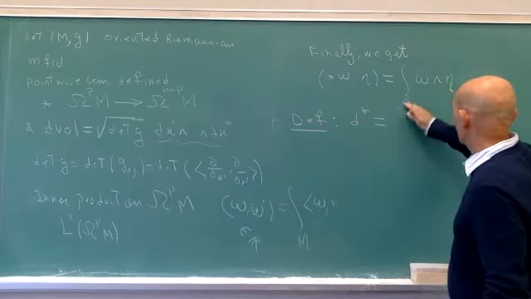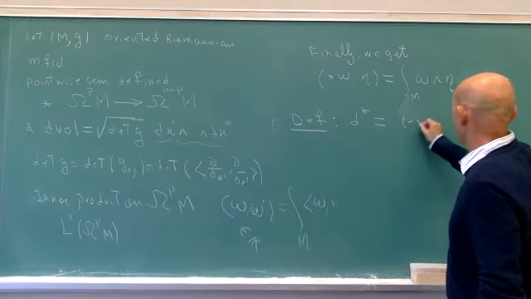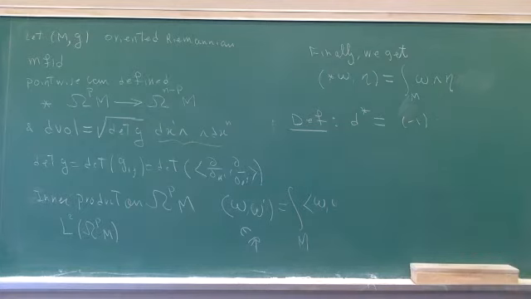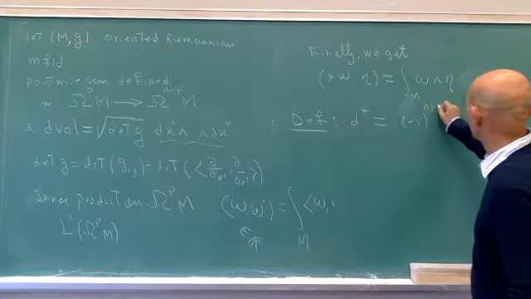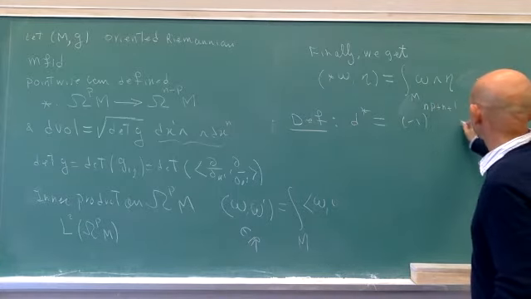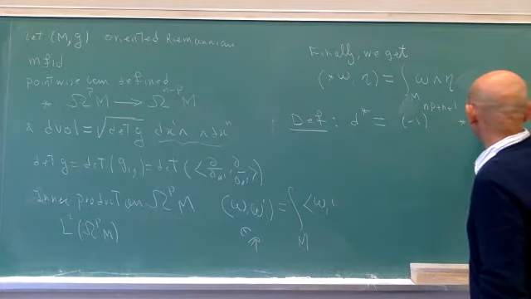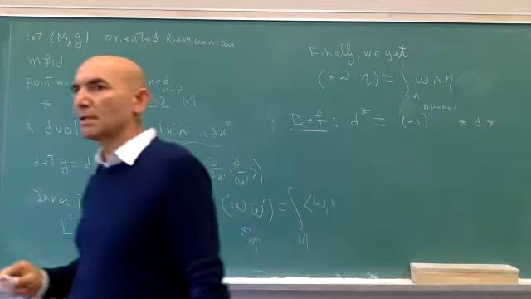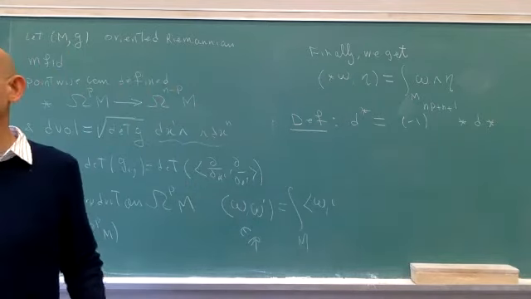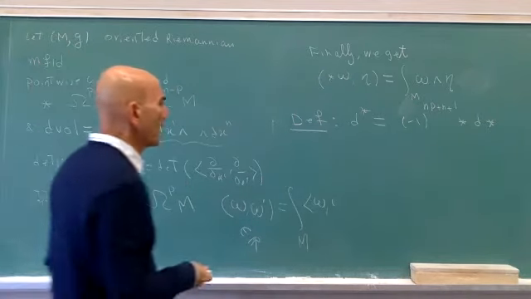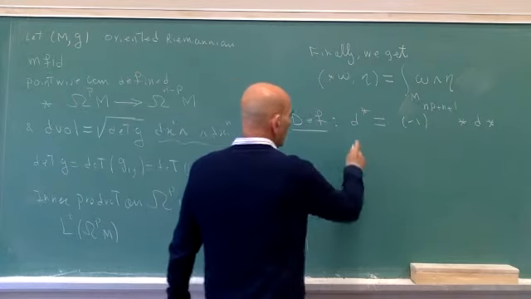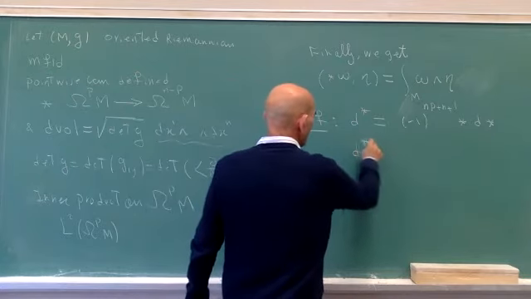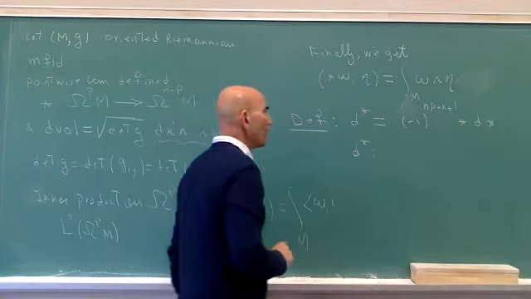So there is some coefficient that I never remember. This is np plus n plus 1 star d star. So this is the recipe, the proposal for the adjoint of D. And so remember, this star now goes from where to where?